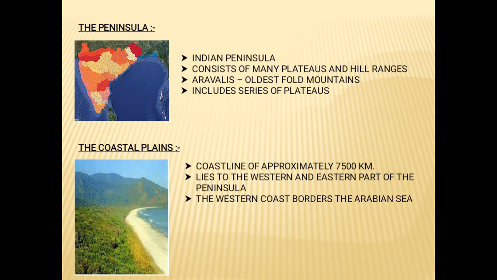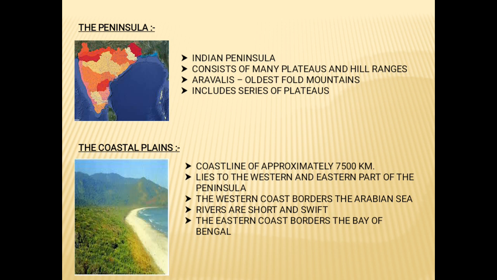The western coast borders the Arabian Sea. It is by and large a rocky coast. At places, spurs taking off from the Western Ghats have extended right up to the coast. Its width is also less. Rivers originating from Western Ghats are short and swift, and hence they form estuaries and not deltas.